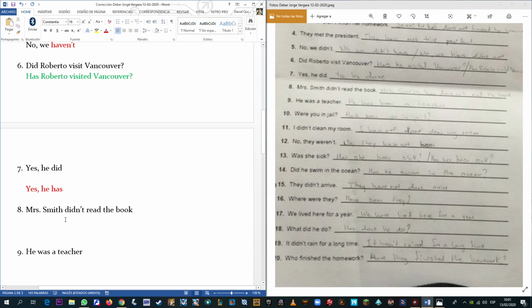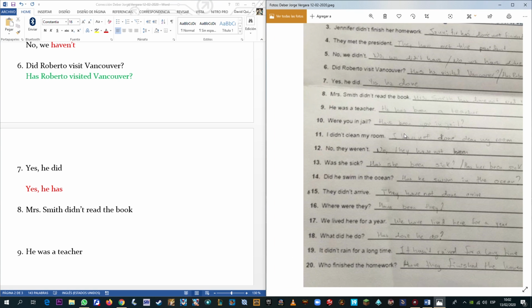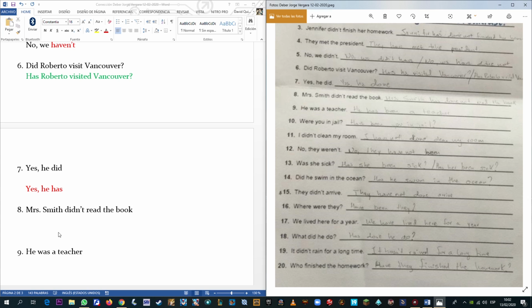Now let's go to the 8th example. It says Mrs. Smith didn't read the book. Our student has written Mrs. Smith has done not read the book. Here there is only one word that is not necessary, and it is done. So if we erase this, we will have the correct answer. So let's write this down.